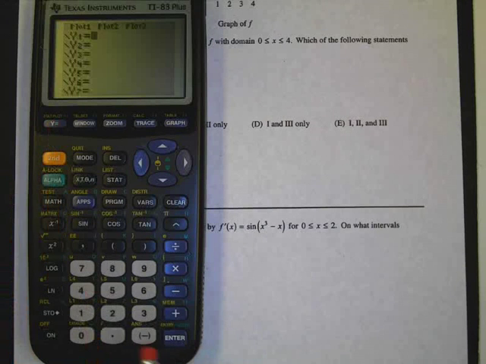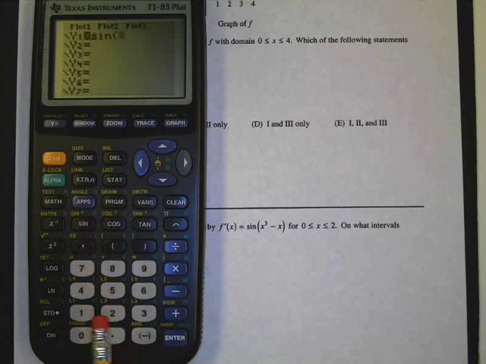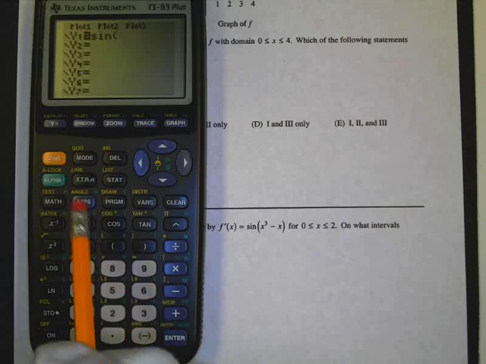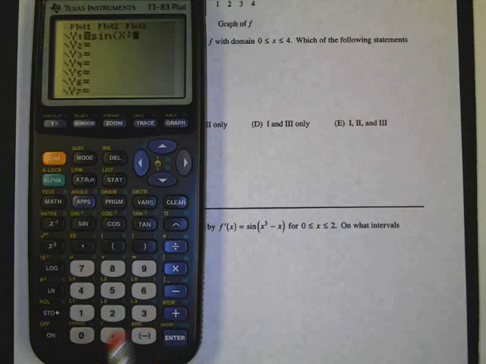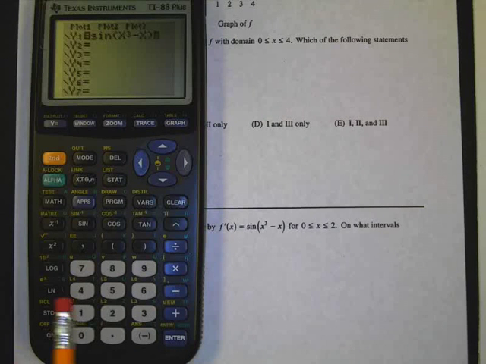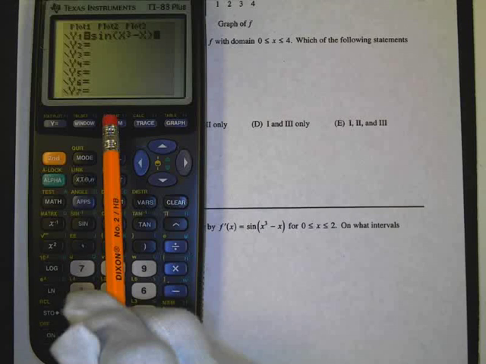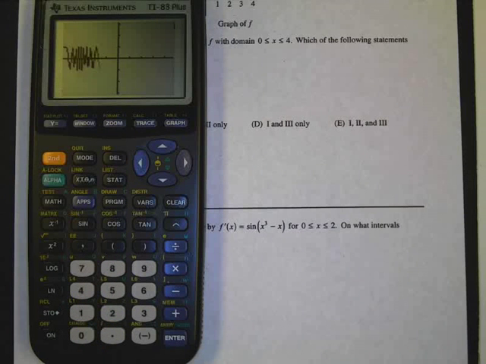For y1, that's going to be x cubed. Remember, make sure you're in radians. X, math 3 gives us the cube, minus x, in parentheses. We want to graph this between 0 and 2, so I guess we can use zoom 4.